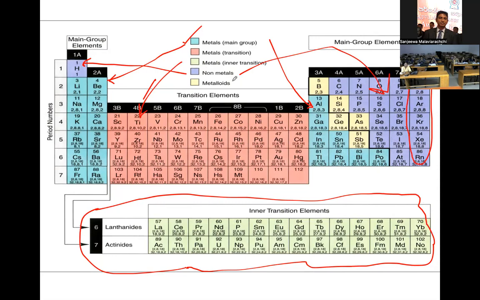And also we have metalloids. So metalloids means partial metals, like they are not clearly metals, but they are also not non-metals, right? Therefore, we call them metalloids. So these are the broad categories of elements that we have in the periodic table.